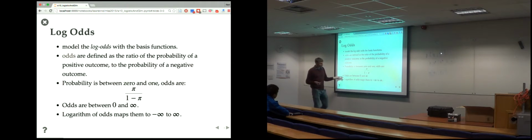So the odds themselves are numbers across the positive real line. Now what we then do is we take the logarithm of those odds. Once we take the logarithm, that maps 0 to infinity to minus infinity to infinity. And then we say we're modeling the log odds with this. So this thing has the codomain of minus infinity to infinity.